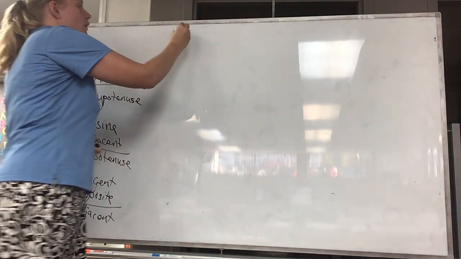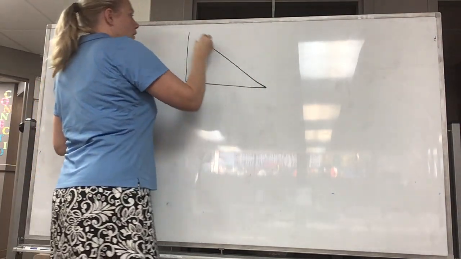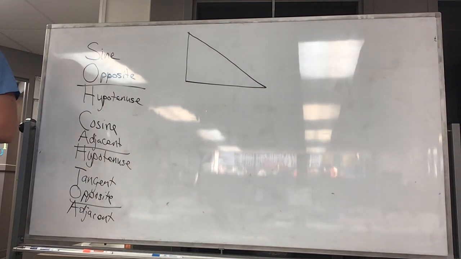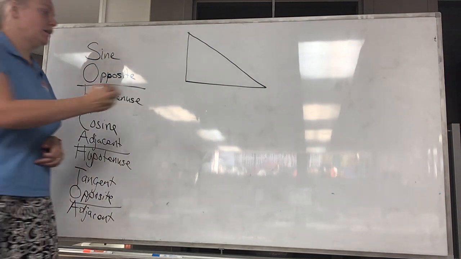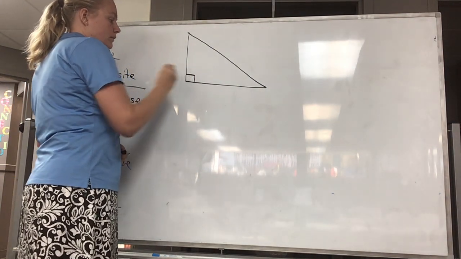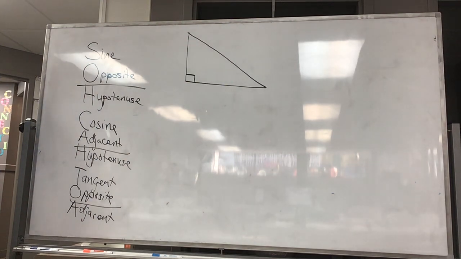Using this triangle, we need two pieces of information, technically 2.5, and we can find out anything else we want to know. The half piece is we need a right triangle. But if they give us two side lengths, we can find out anything about this triangle. If they give us one side length and one angle, we can find out anything about this triangle.